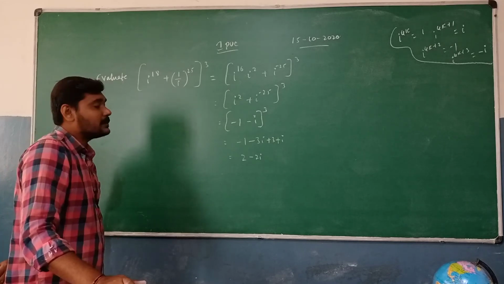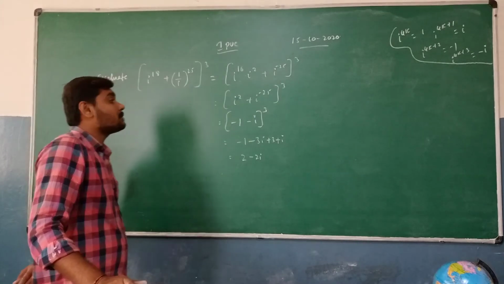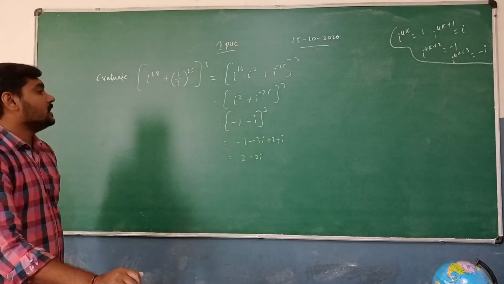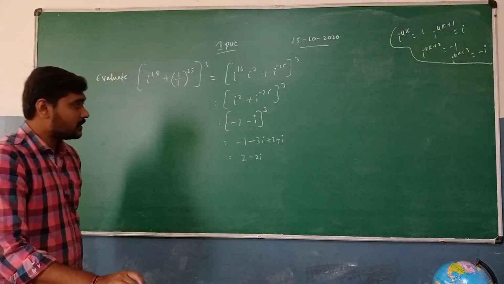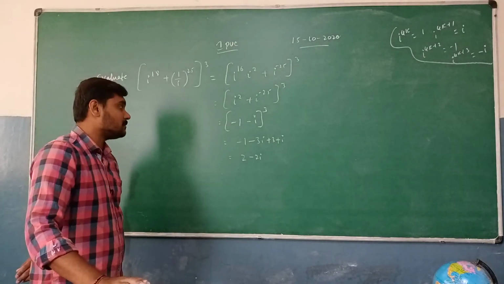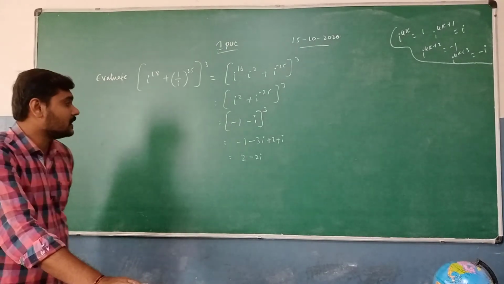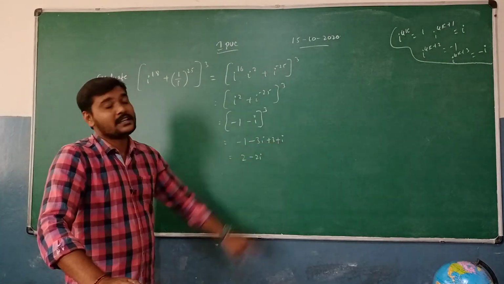We know the value of I to the power minus 25 is minus I, as we found in the last problem. Then I square is minus 1, so it reduces to minus 1 minus I whole to the power 3. Applying the a minus b whole cube formula, that's going to be equal to minus 1 minus 3i plus 3 plus I.